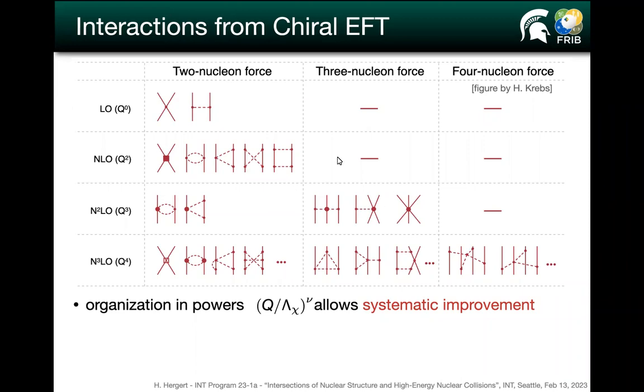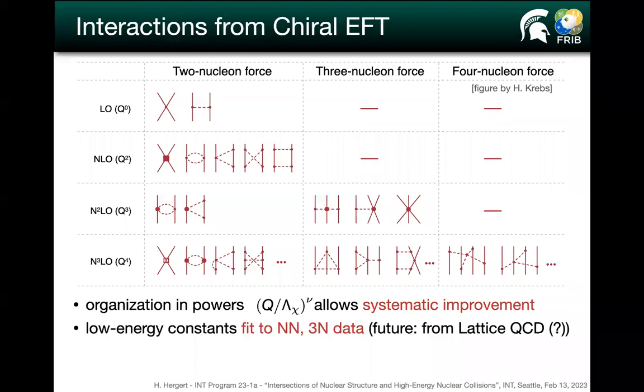What's nice about this framework is that it explains why 3 nucleon forces and then even higher nucleon forces are systematically suppressed compared to the 2 nucleon sector. Although there are still open questions about the power counting scheme and this framework in general that may suggest that maybe some of these parts of this interaction may have to be promoted, et cetera, et cetera.